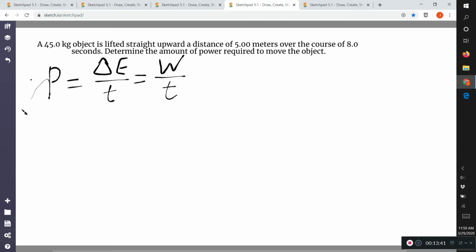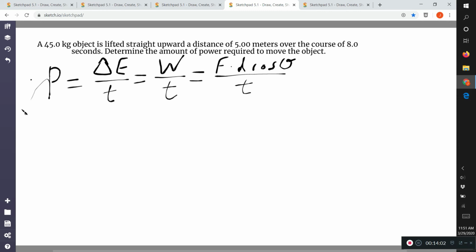Change in energy is equal to work. Then the next thing is that work is force times distance times cosine theta. Now, in this situation, the force and distance are in the same direction.